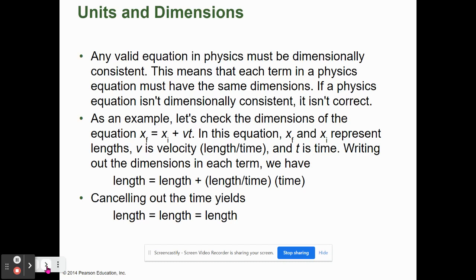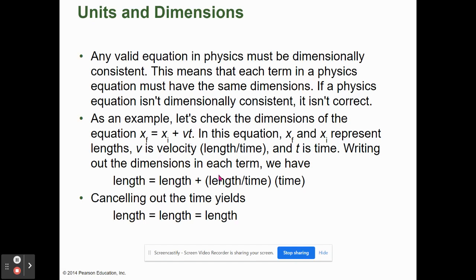Okay? So if we have this formula, for example, it's a formula for determining your final displacement, or your final distance away from something. So final distance is equal to the initial distance, or initially where you started, plus your velocity times your time. When you put all the units in there, they have to wind up coming out to be the same unit all the way across. So Xf is length, Xi is length, because those are both distances.